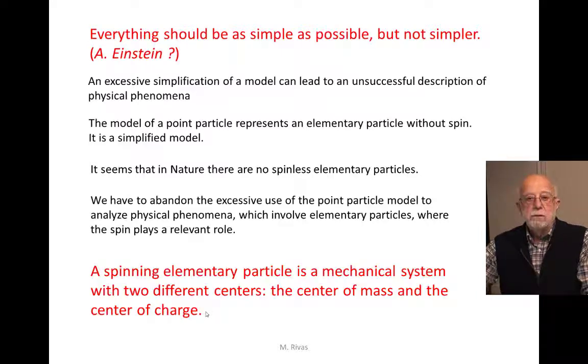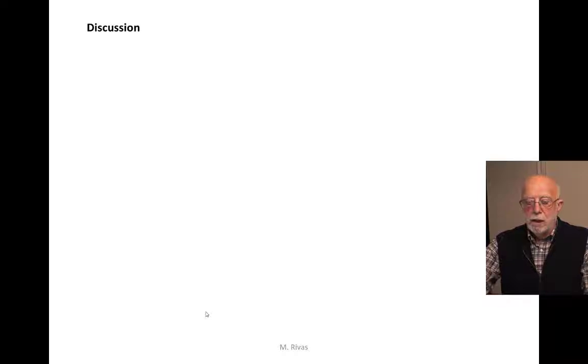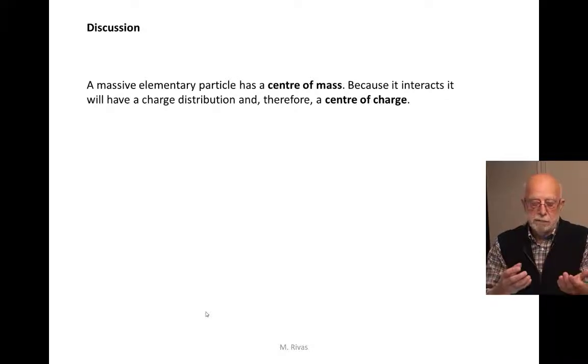Now, the spinning particle model we introduced in the first picture is a mechanical system with two different centers, a center of mass and a center of charge. Let us see the following discussion concerning these two features. For an inertial observer, an elementary particle is a mechanical system that has mass, and therefore it will have a center of mass.